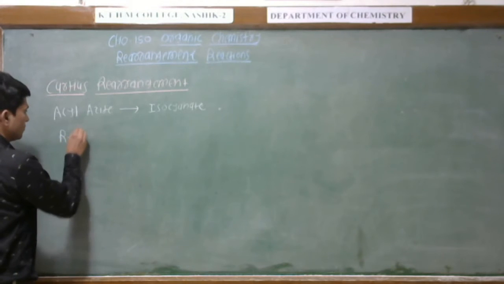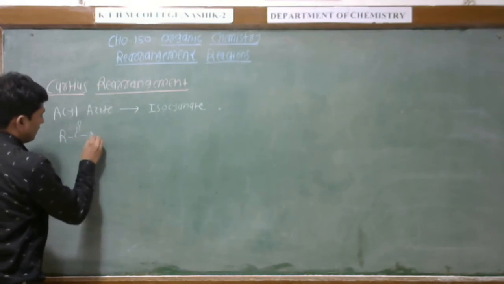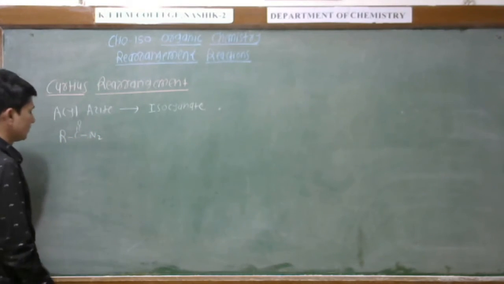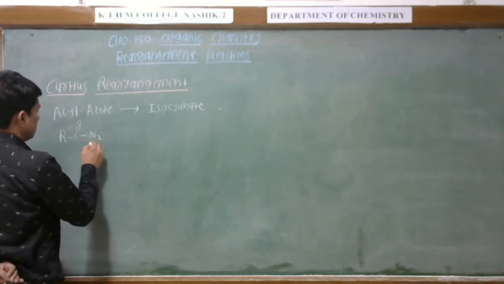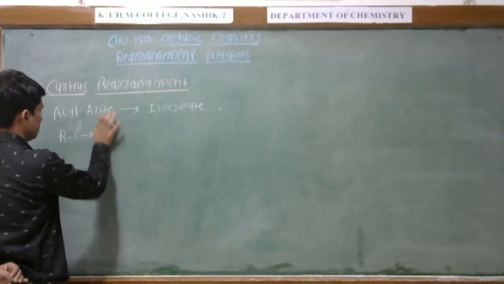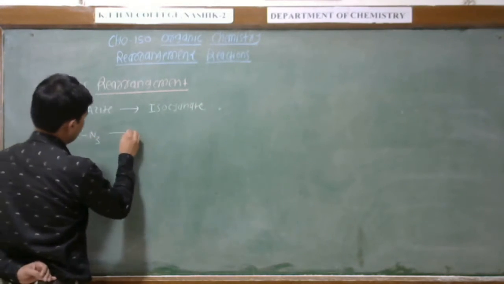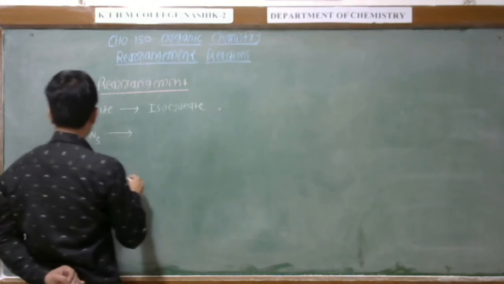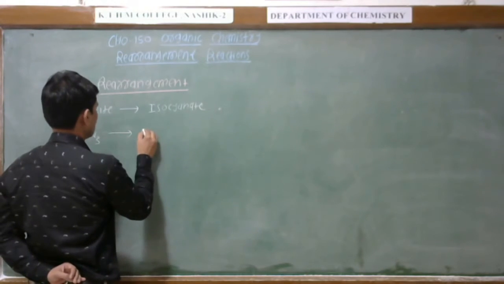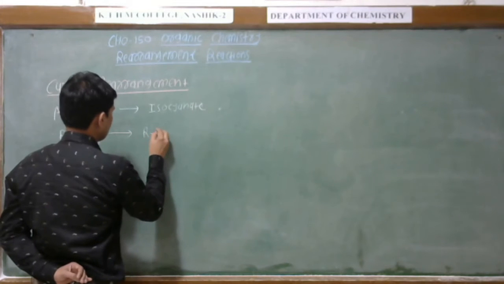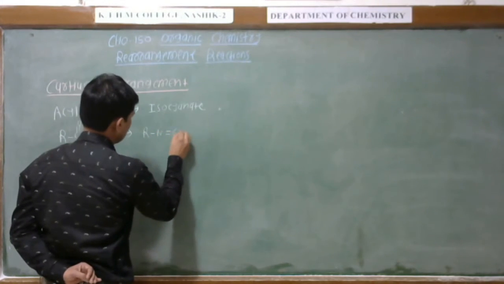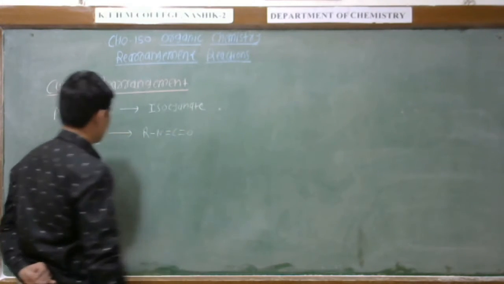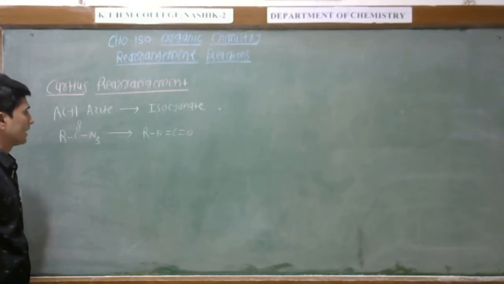This is the acyl group having azide, N3. This acyl azide is converted into the isocyanate, that is R-N double bond C double bond O. This is the isocyanate.